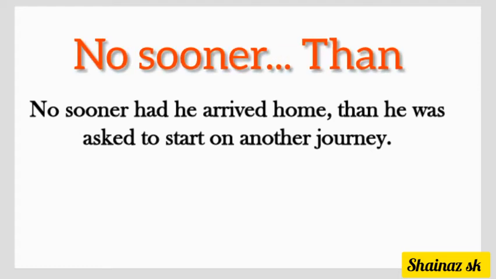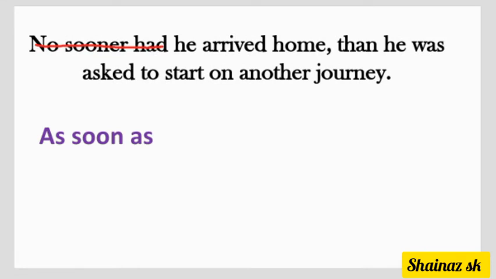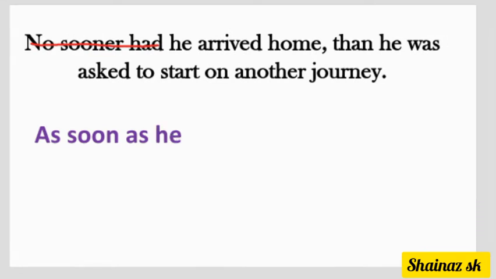From the given sentence we will remove "no sooner had" and replace it with "as soon as". After that we will put the subject. Here the subject is "he". Then the subject will be followed by the verb, and the tense of the verb will be according to the given sentence.